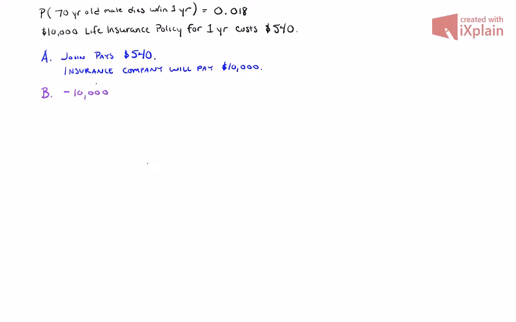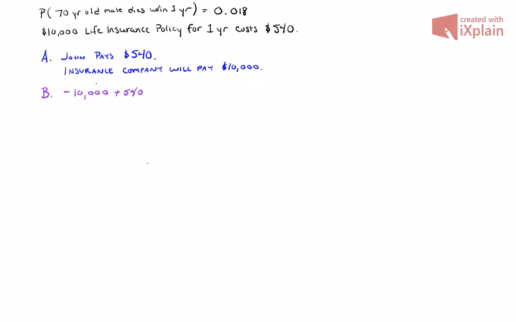I should be careful with my wording. They paid out $10,000, but at the very beginning of the situation, John gave them $540. So this is just one way of answering the question.